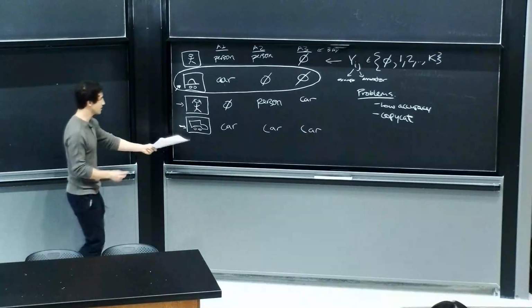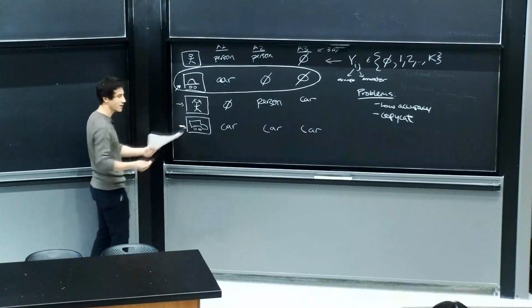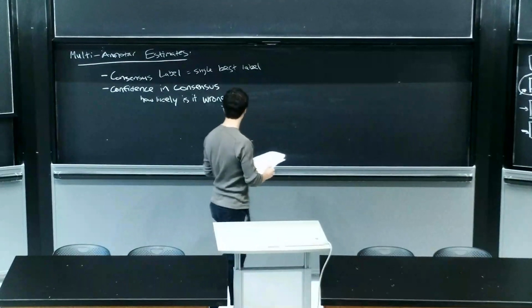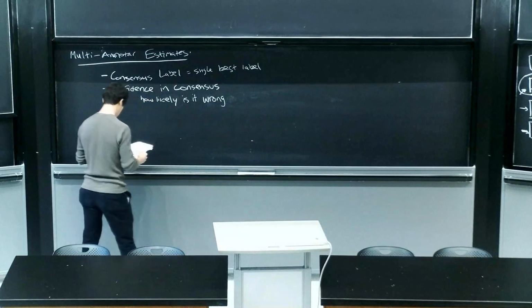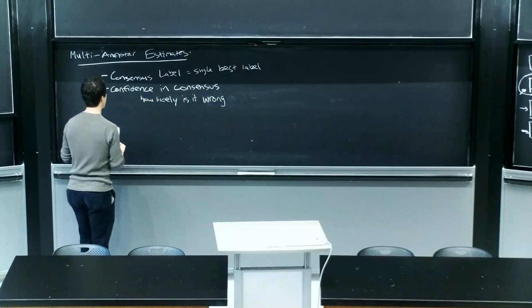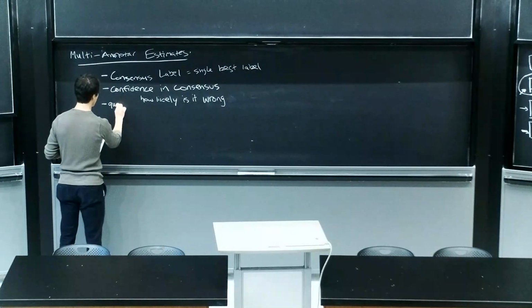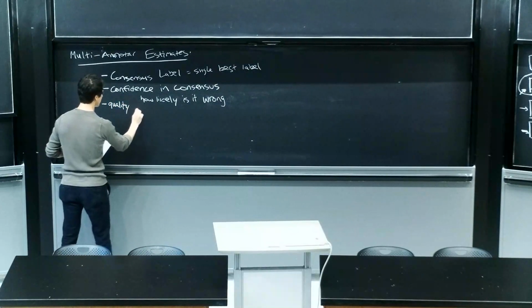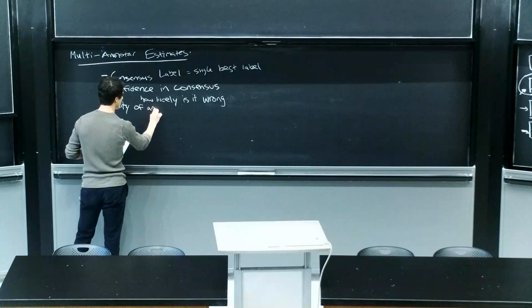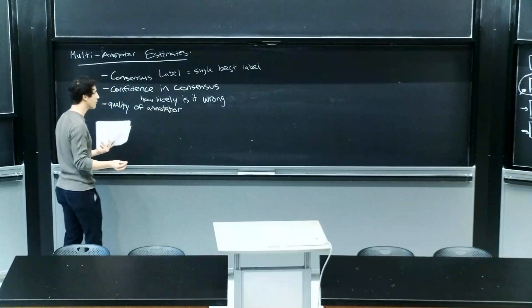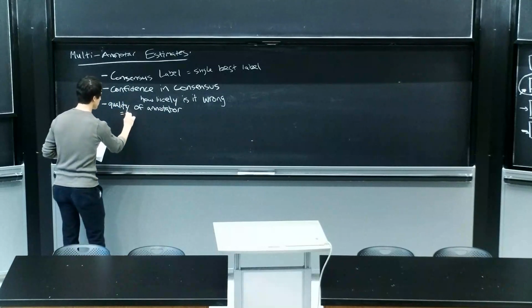Versus in contrast to this final image here, we should be very confident that it should be labeled a car and that our consensus label probably is correct. And then finally, we would be interested in estimating a quality score for each annotator. And this would be asking, like, what's the overall accuracy of their labels, right?